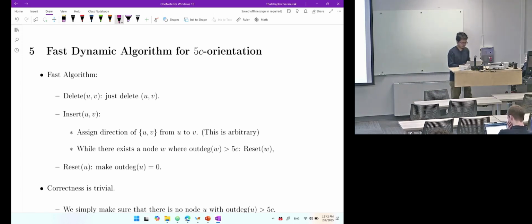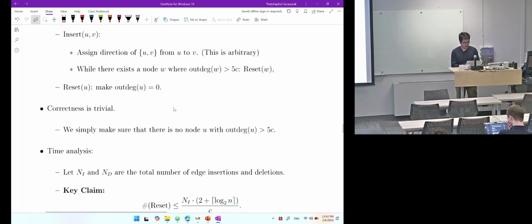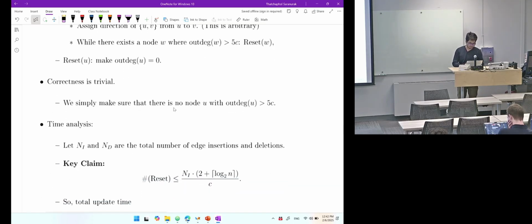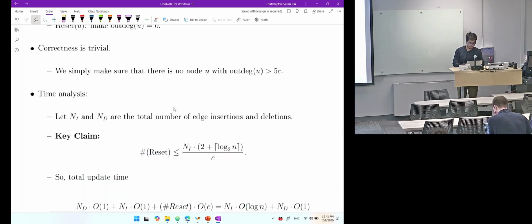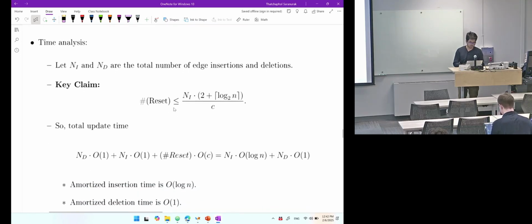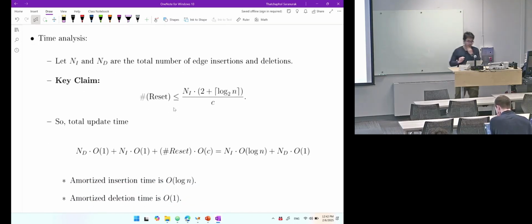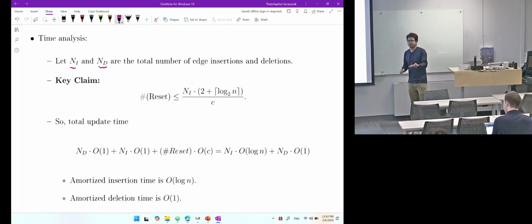Okay, so my claim is this. Suppose that Ni and Nd are the total number of insertions and deletions, the number of times that you insert and the number of times that you delete.